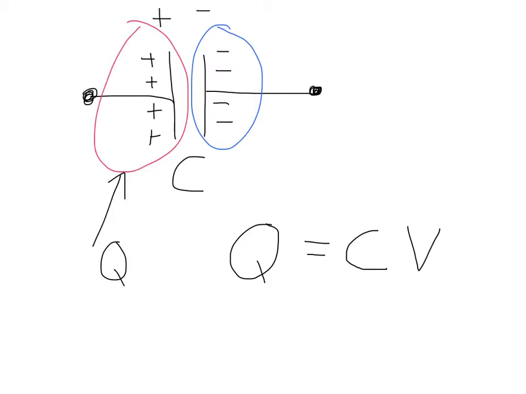Okay, so what I want to show you today, though, is what happens if you put capacitors together. And by the way, the capacitance is kind of like a cup that stores charge.